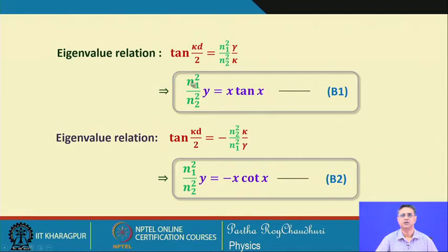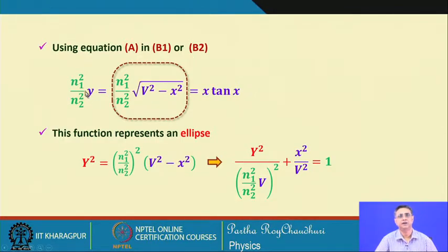They are almost similar except the factor n1 square by n2 square, which appears with y on the left hand side, and then we can write, combining this equation A with B1 and B2, we can get this equation.